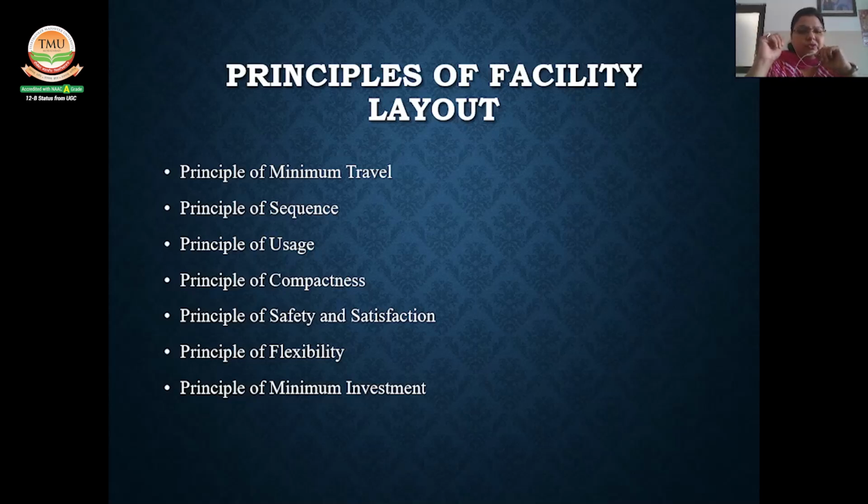Next one is the principle of uses. If you are wasting your raw material, it will create a problem in your production, or have a negative impact on your particular production unit, or the facility layouts. Next principle is the principle of compactness.